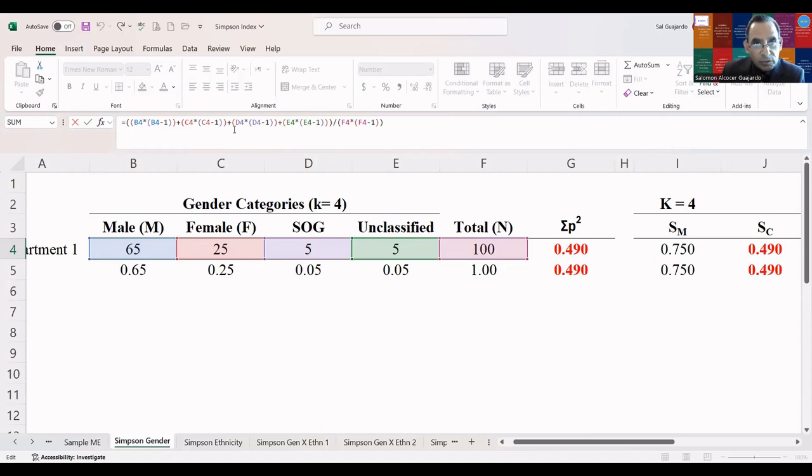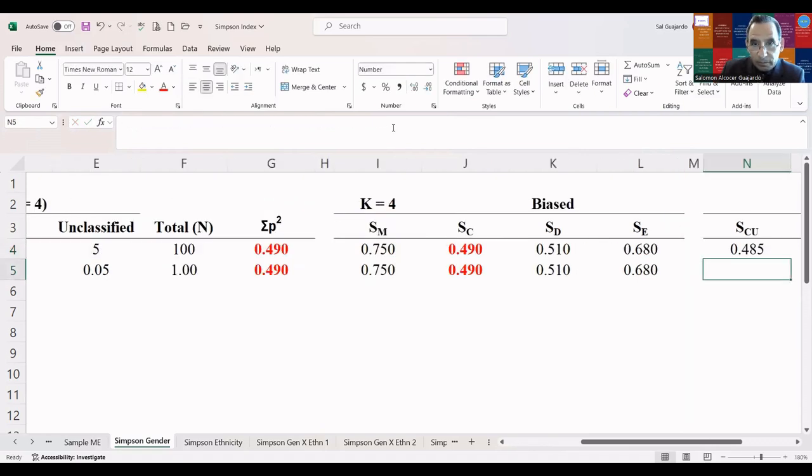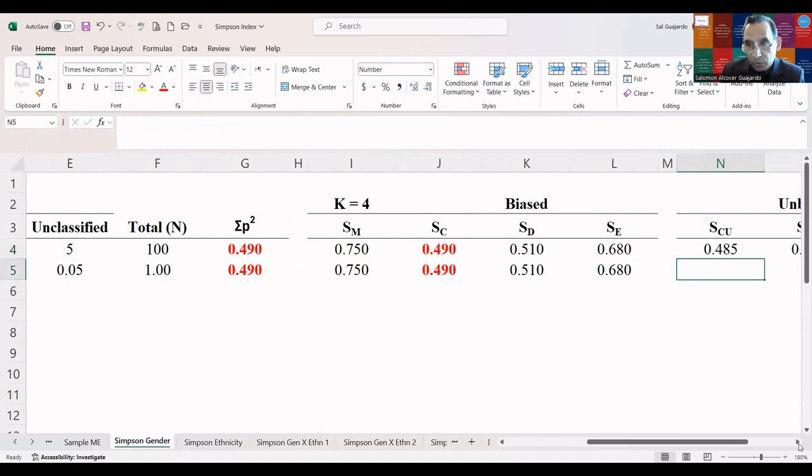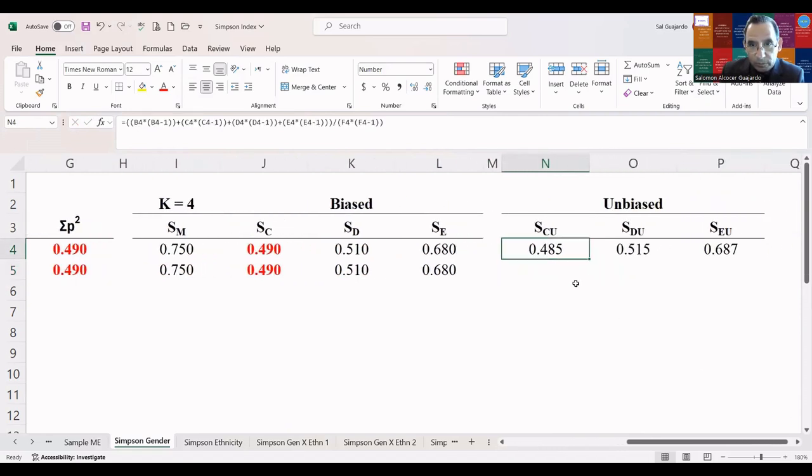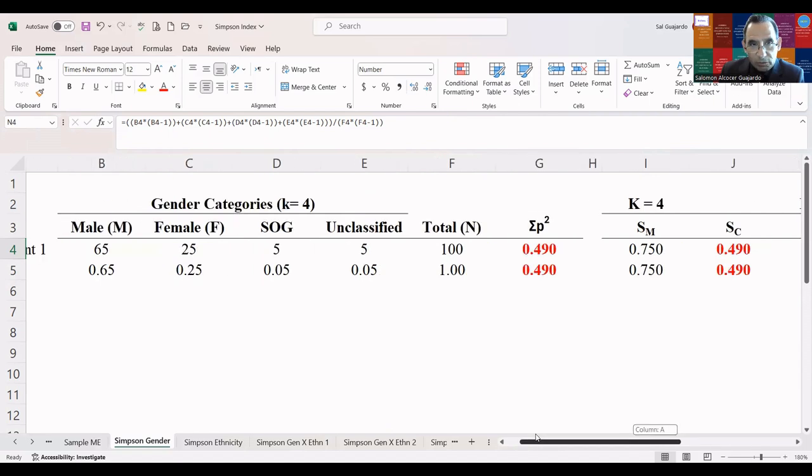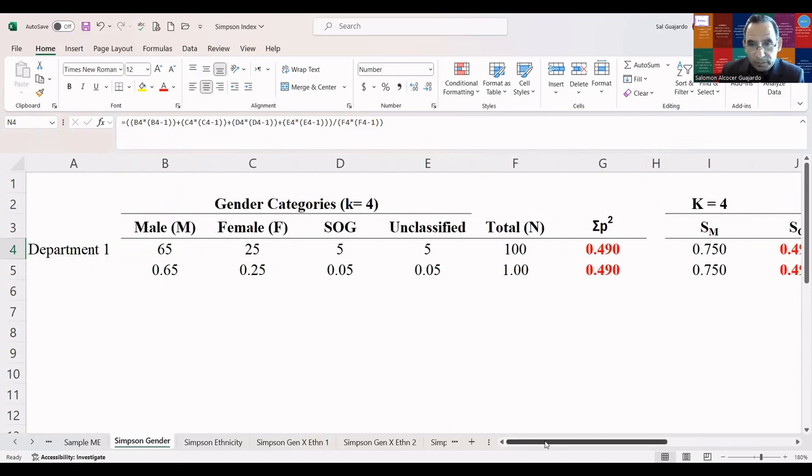I add each of those products, and then I divide that by 100 times 99. The formula is F4 times F4 minus 1. That gives me a concentration score of 0.485. That concentration score means that if I randomly select 2 individuals, there's a 48% chance that they will be of the same gender group.